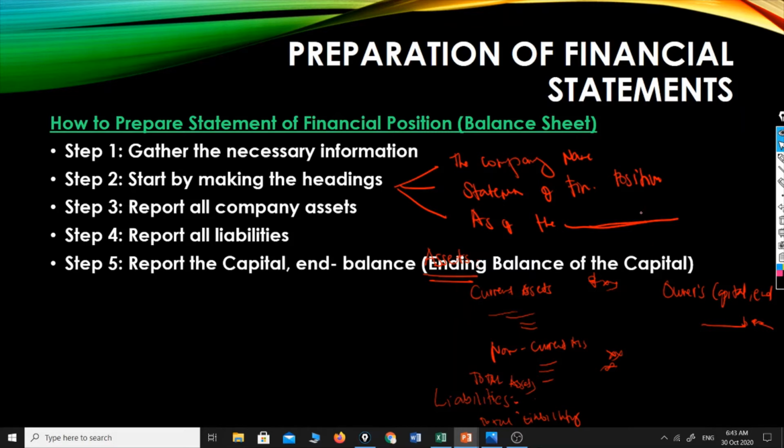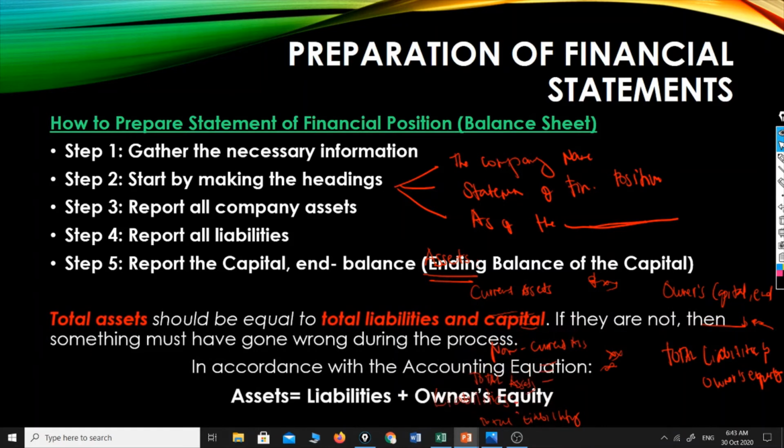And then, after having this one, we also have the total liabilities and owner's equity. Meaning, we will add the liability and the owner's capital, okay?